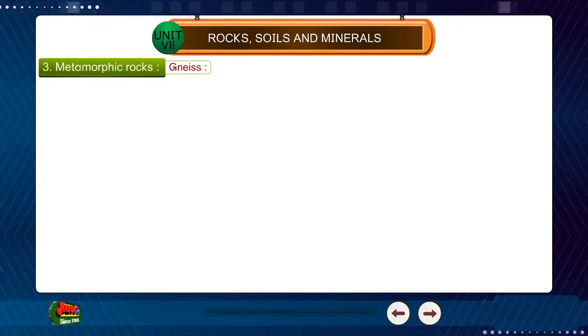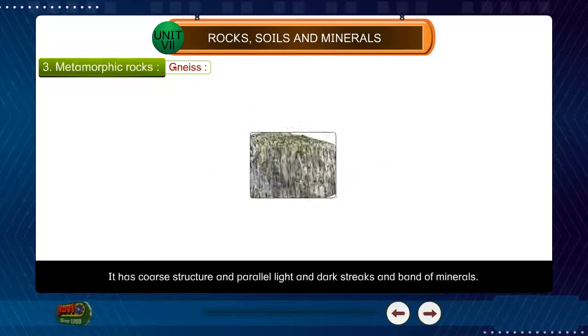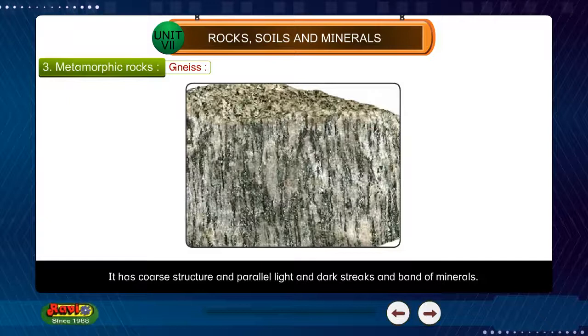Gneiss. Granite is changed into gneiss due to the heat and pressure. It has a porous structure and parallel light and dark streaks and bands of minerals.